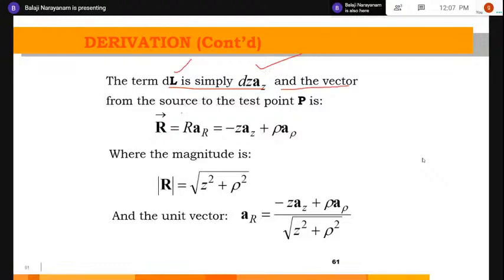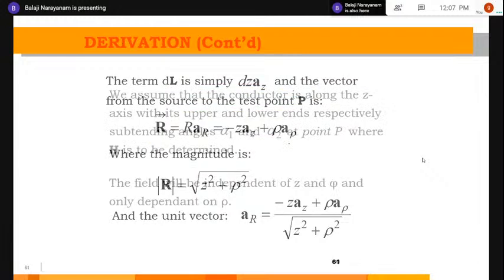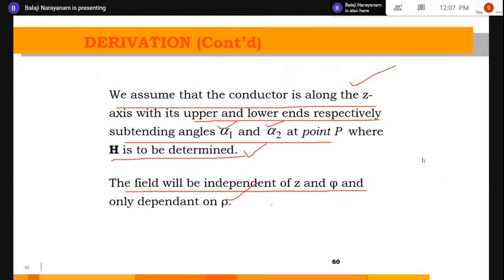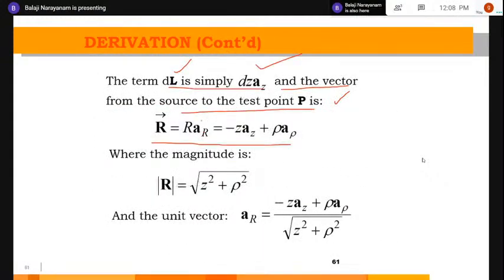And the vector from the source to the test point P is taken as R bar, clearly indicated. The vector from the source point to the point P is taken as R. This is given by R is equal to R aR bar. And how do you get that?